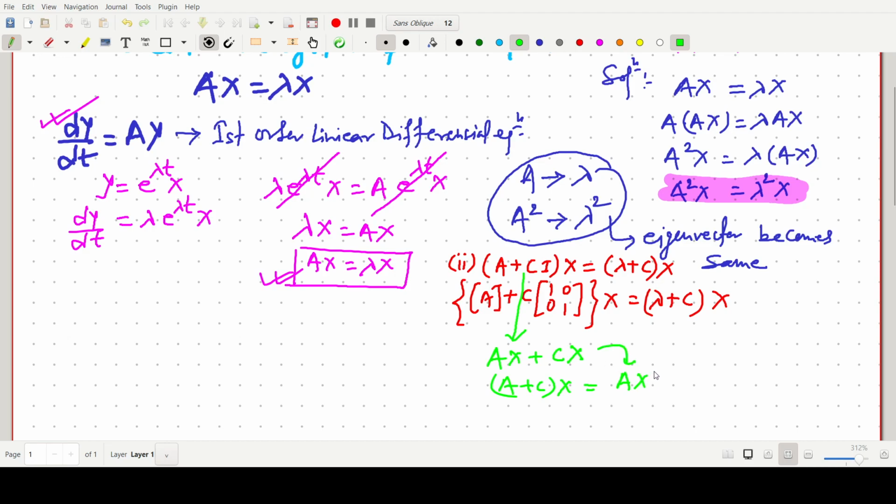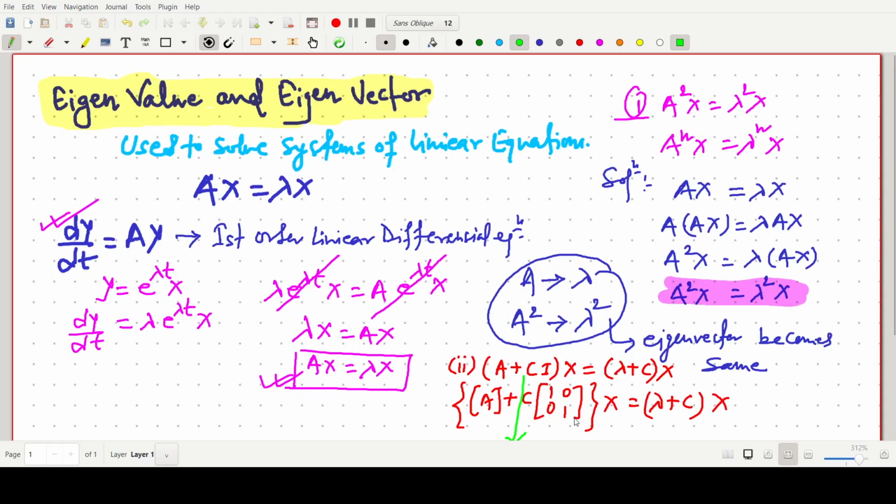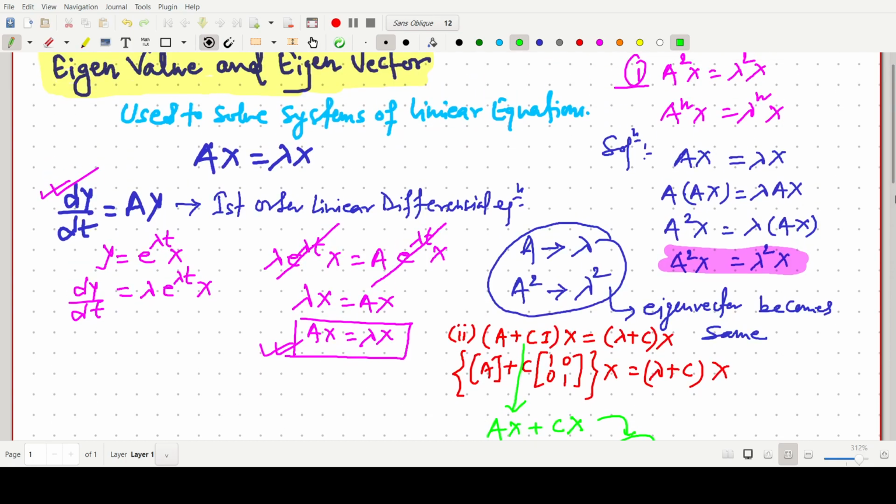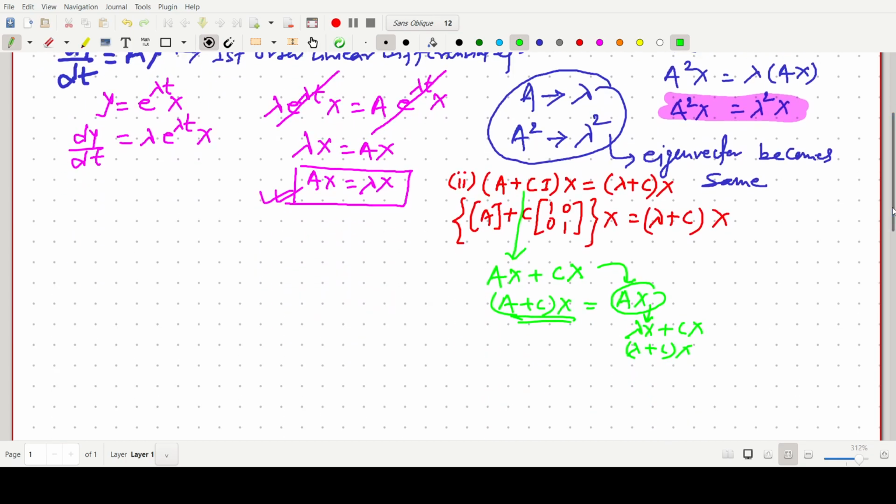We can write this as lambda plus c times x. This is the solution for this property, and it is very simple. If we add some matrix and x is the eigenvector, then it should be A plus cI, with I the identity matrix, so the eigenvalue is lambda plus c.